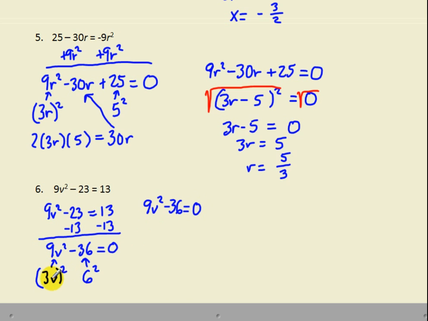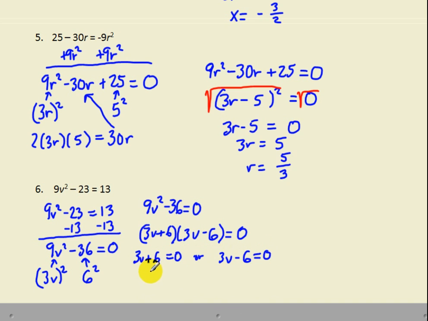We can factor that into 3v plus 6 times 3v minus 6 is equal to 0. And so we have a product equal to 0. That means either 3v plus 6 equals 0 or 3v minus 6 is equal to 0.